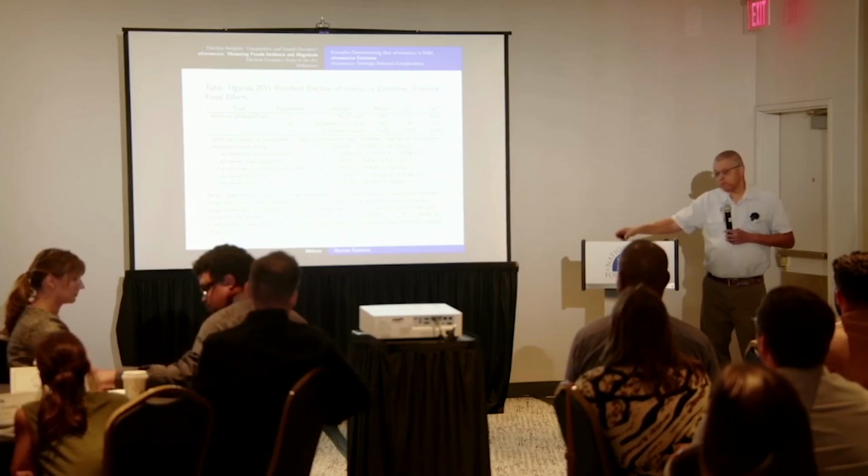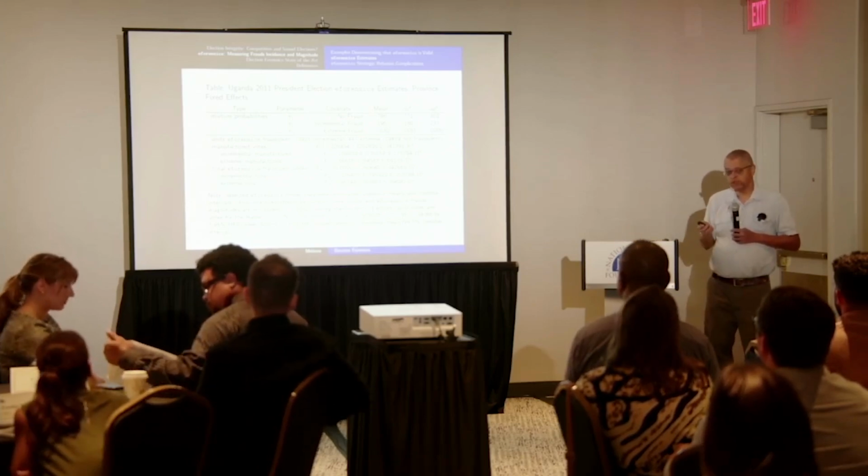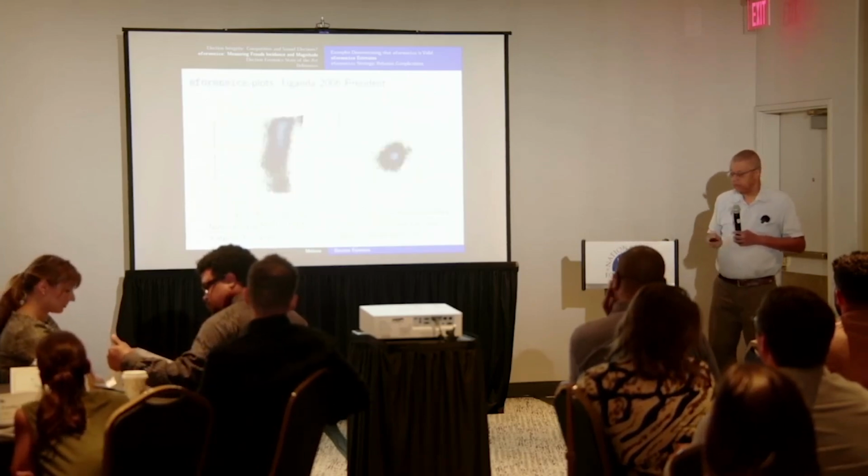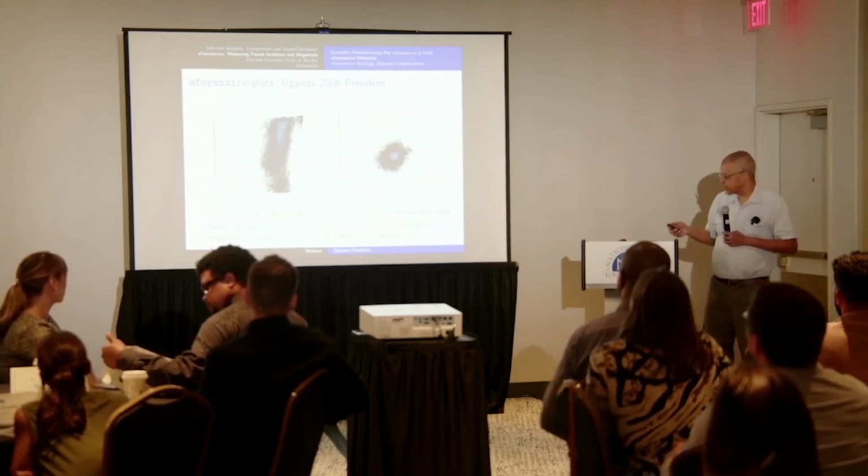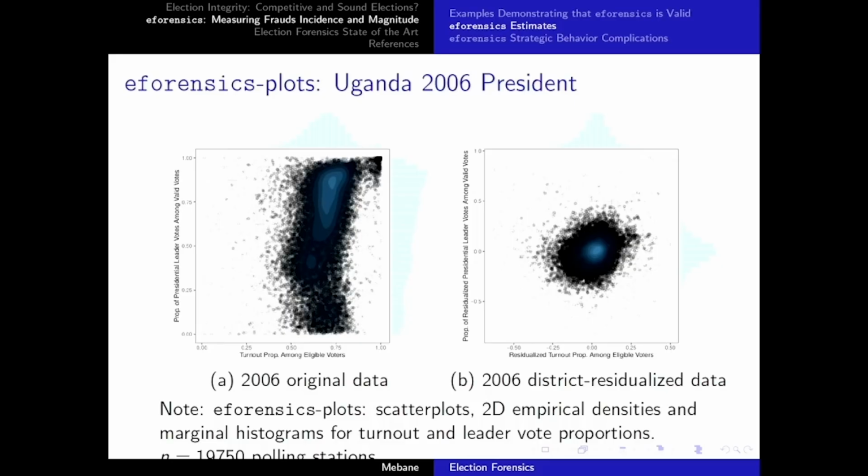I'm not going to spend much time on this one exactly because we have the court decision about the 2006 election. So here are these plots for the 2006 election. This one is the original data, and it has the same kind of, quote, fingerprint as the 2011 election had. Taking away not province fixed effects, but district fixed effects of more districts, and I have that data in this year.